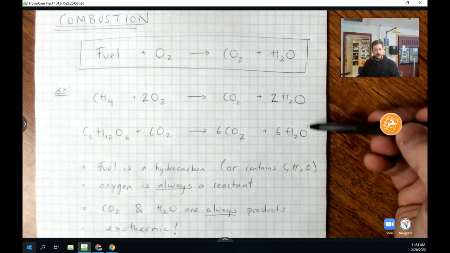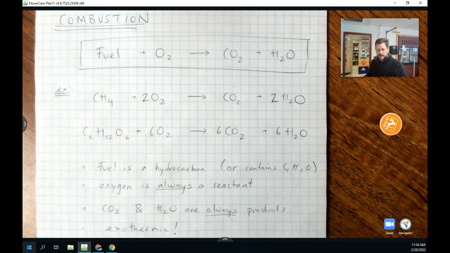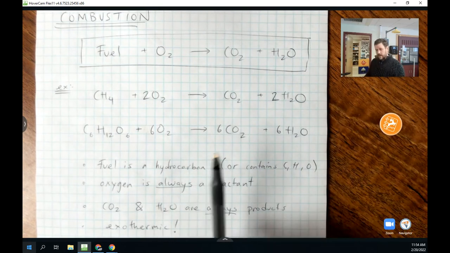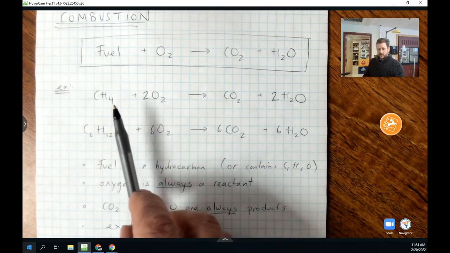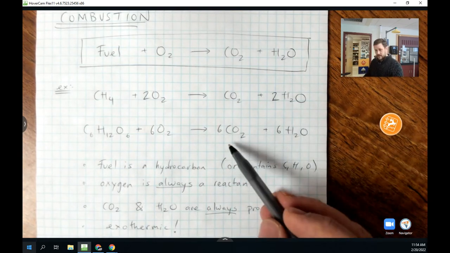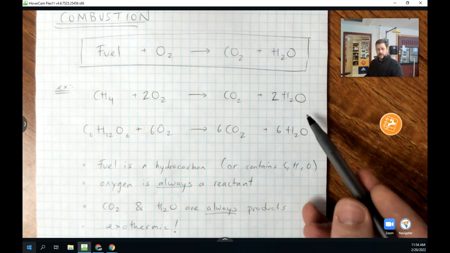They can be a little trickier to balance sometimes, especially if oxygen is in the fuel. But they always have a very predictable format in that we're going to have some fuel reacting with oxygen to give you CO2 and water. And because they're so exothermic, we can reason that the CO2 and water is going to be in a gaseous phase, not a liquid water phase.